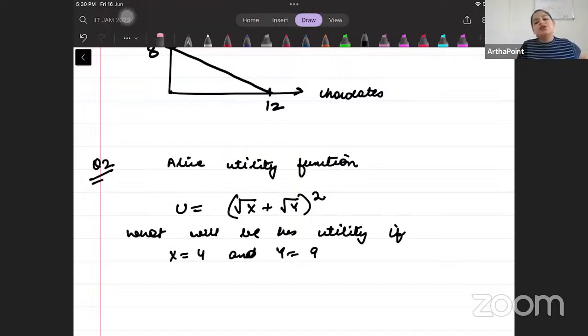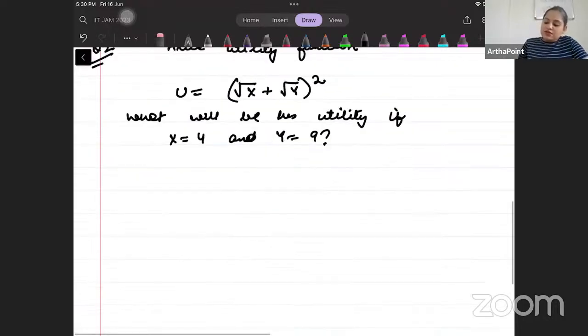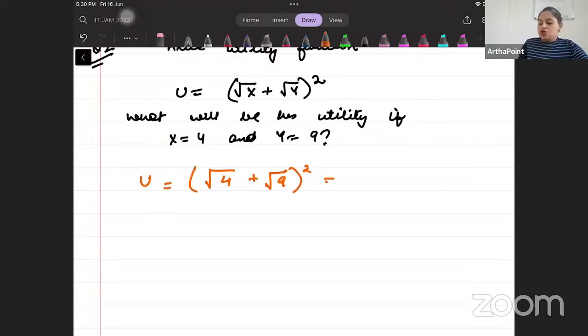This is the question that you're asked. Very, very simple question. So I will just keep x as 4. So root 4 plus root 9 whole squared. This is u. So this is going to be 2 plus 3 whole square, and that will be 25. So his utility is going to be 25.